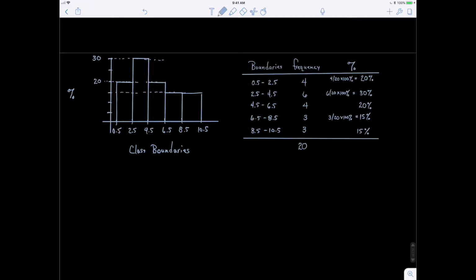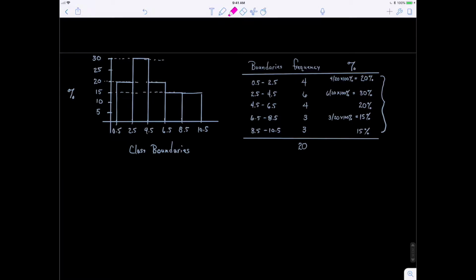We said that 3 was 15%. And you can actually see this works out nicely by 5s: 2 out of our 20 is 10%, 1 out of our 20 is 5%. So I've just taken the frequency on my histogram and replaced it with the percentages from our frequency distribution.